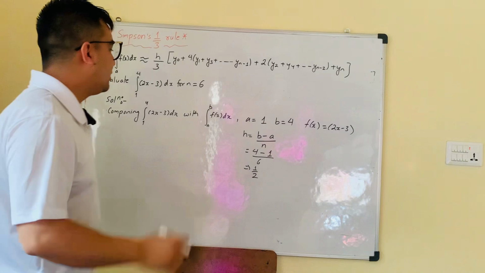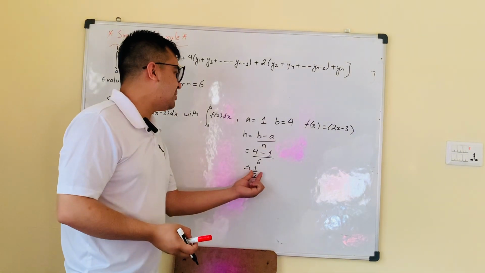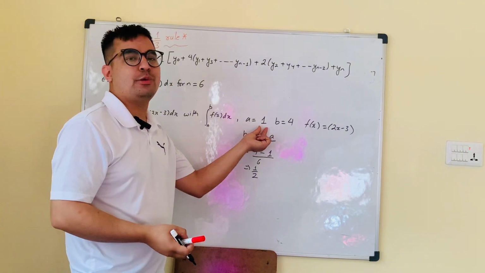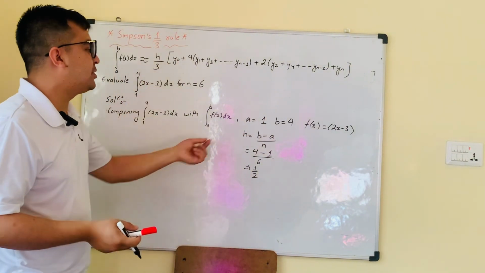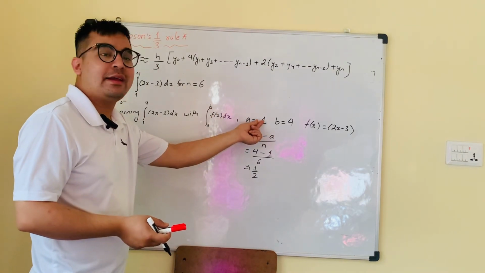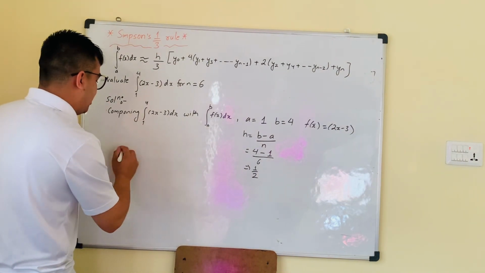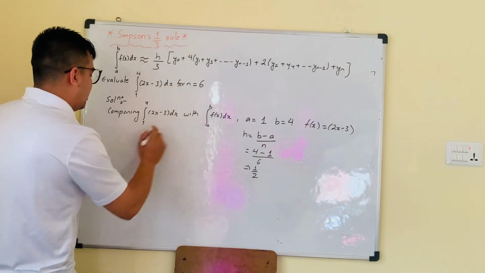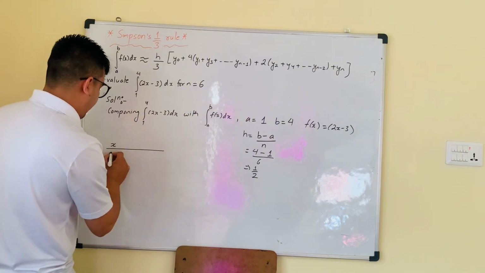Here h means the interval. a is the lower limit, that is the first, y0. y0 means the functional value when we put the value of x as a. To calculate y0, we have to make a box with x and y.